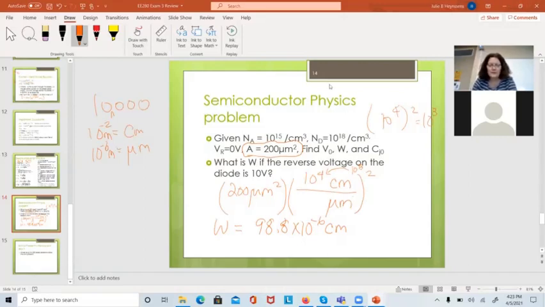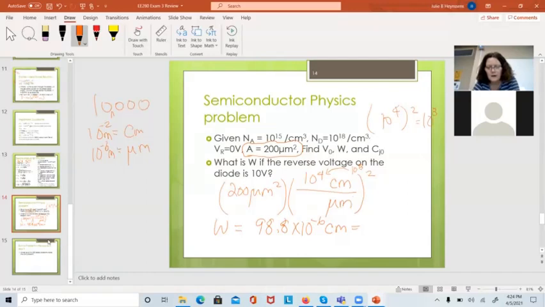One horrible thing they did to us by making our base units centimeters. It wasn't my choice. Okay, so when I get this 98.8 times 10 to the minus 6 centimeters, I've got to convert that into reasonable units. First thing I could do is convert it to meters, because that would probably be the easiest.